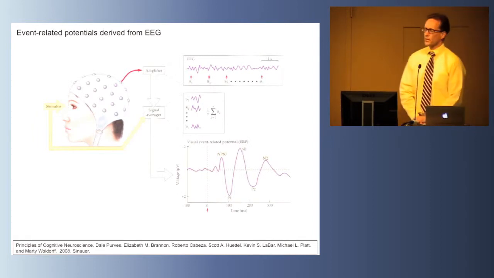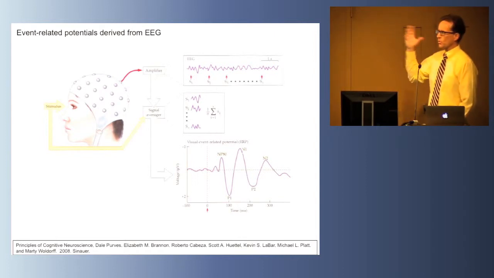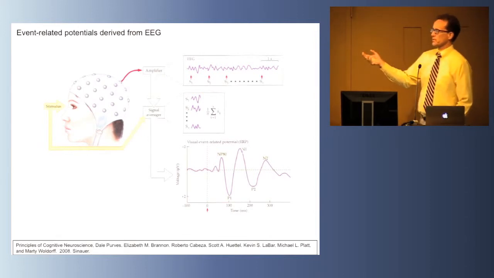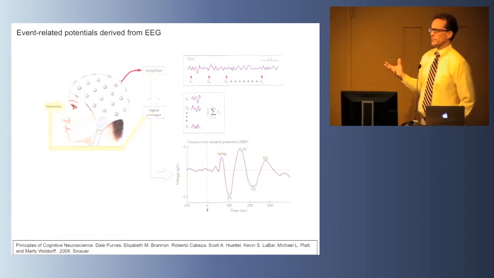Now, another approach to analyzing the EEG is to create what's known as event-related potentials. So we have an individual with a cap now holding the electrodes in place. There are more electrodes, and they're held in place by a cap. The signals are amplified and we see an EEG signal on the upper right. We imagine that there's a stimulus being presented, and all of this is run by computer.